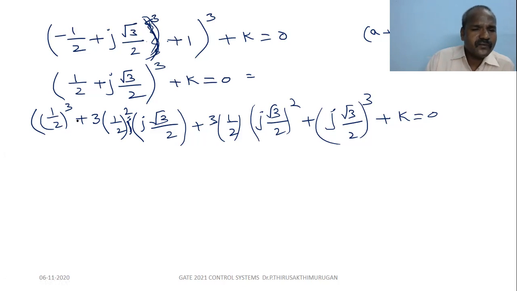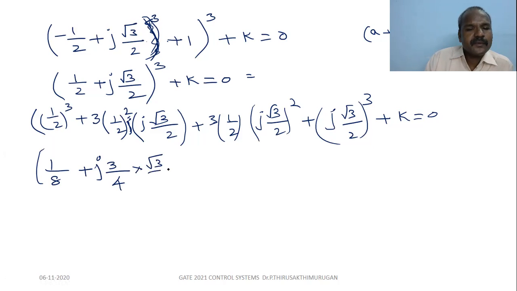So what is this? 1 by 2 whole cube is 1 by 8, plus j is there, j 3 by 4 into root 3 by 2, so j 3 root 3 by 8.